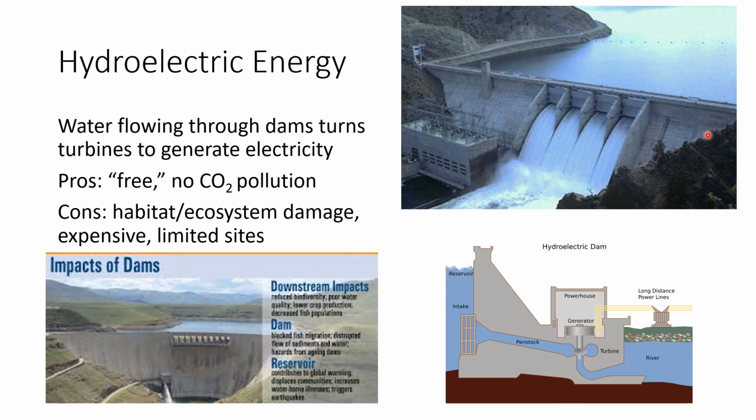So dams, we talked about this way in the beginning of the year, but dams trap sediment here in front of the dam, and then they also can cause the water behind the dam to warm up, which can be bad for fish that live in the water. And there are limited sites. You can't build hydroelectric dams everywhere. An example in Montana, this is a picture of the Canyon Ferry Dam.